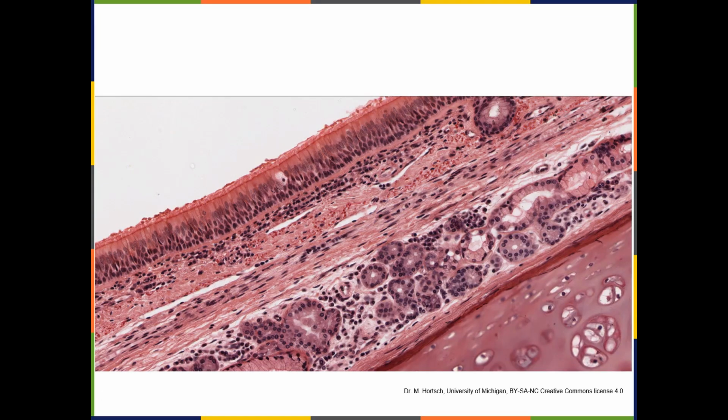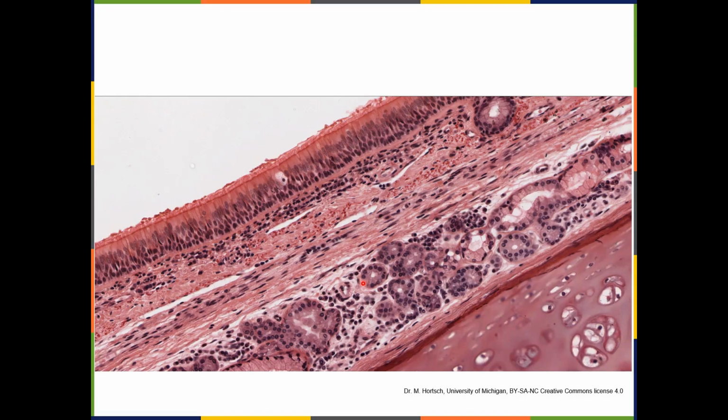Here we see a photomicrograph of the trachea, the windpipe that connects from your throat down towards your lung. The inner lining of this sheet of cells is epithelial tissue. Then we can see there's connective tissue found supporting that epithelial tissue.